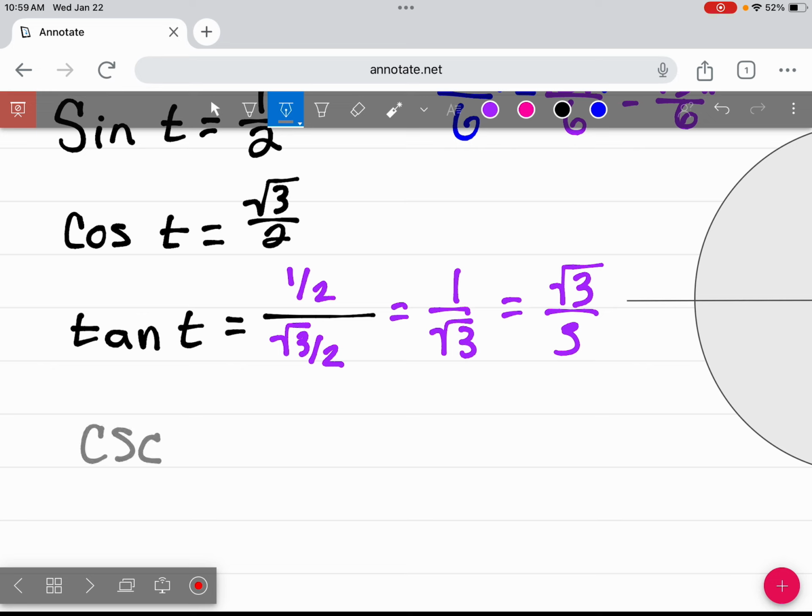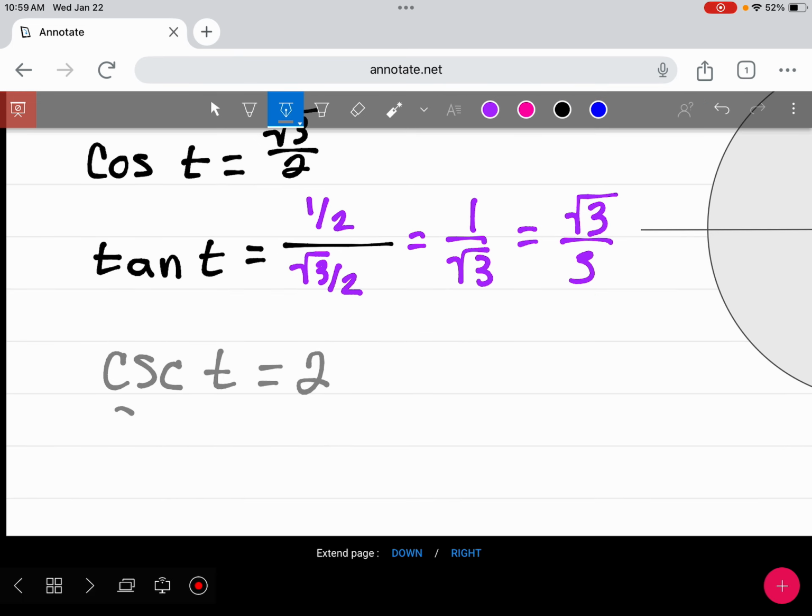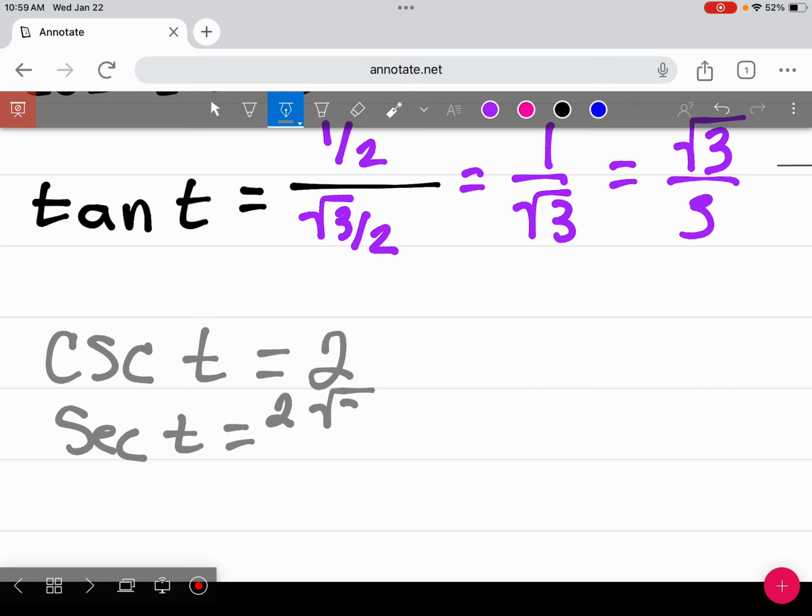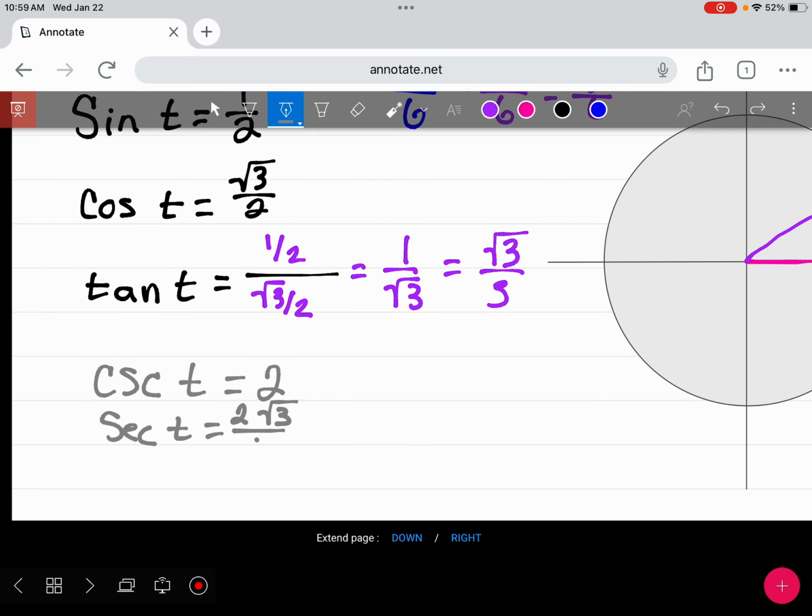So our cosecant of t is 2. Our secant, yep, it's going to be 2 square root of 3 over 3.